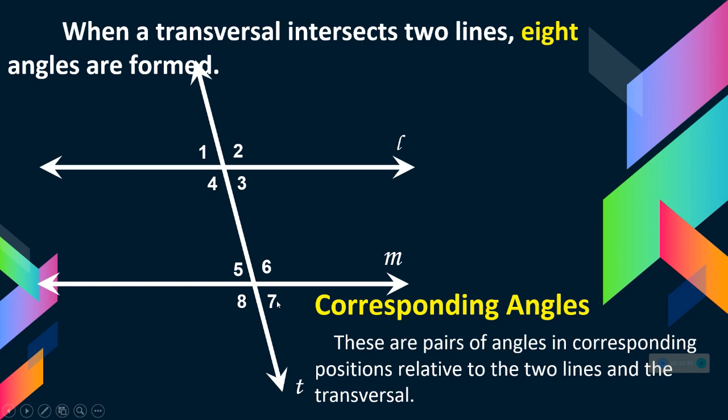To determine corresponding angles, lift one up and put it on top of the other angles: 1 corresponds with 5, 2 with 6, 4 with 8, and 3 with 7. These are the sets of corresponding angles.